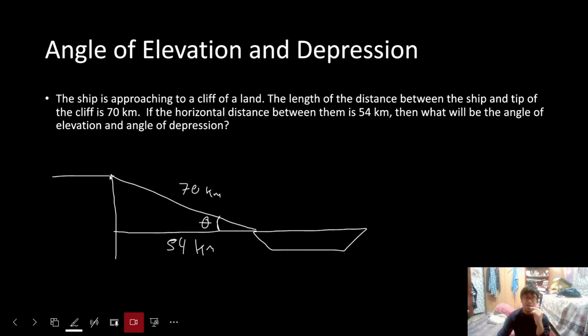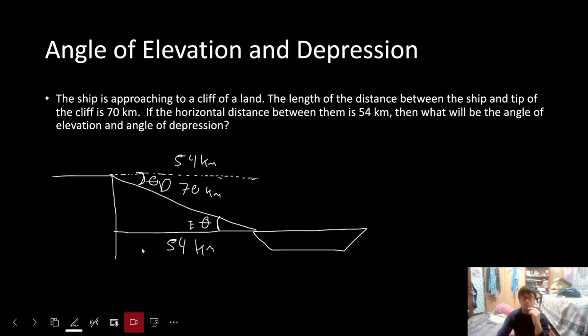We can imagine that there is another horizontal line here. This horizontal line above is parallel to the horizontal line here, so this is also 54 kilometers. So here we can have an angle of depression. So, angle of elevation and angle of depression.